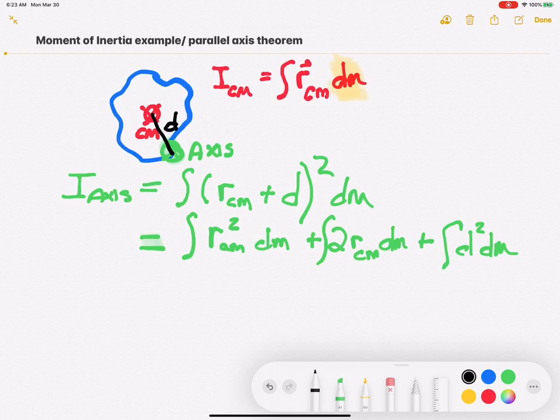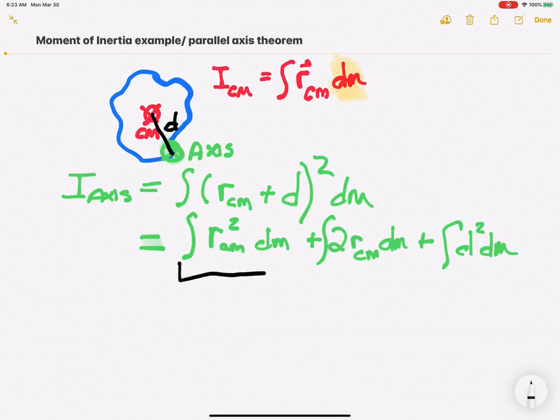So let's pull this together. Taking the integral of r squared about the center of mass, where all the objects are located, is really just the I center of mass I started with.